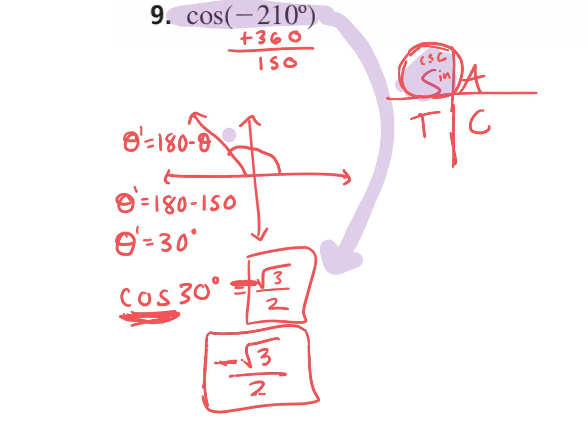So that's what makes this negative. We need to see what trig function we're dealing with. Here we have cosine. In all students take calculus, where does it fall, and does it make it positive or negative? Here it makes it negative. So all we do is change the sign of our answer.